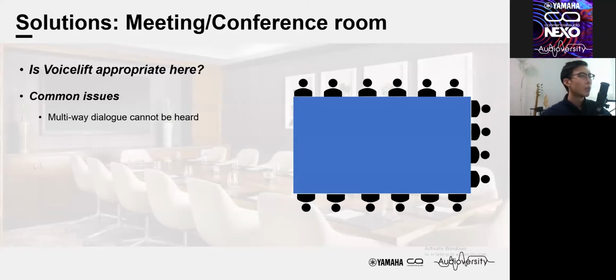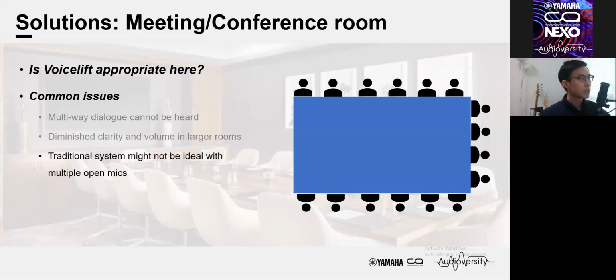With voice lift, you have one mic per person, and you have an array of speakers located above the participants, so that both the pickup and also the output is very linear. With larger rooms, you have much less clarity and volume as you go from the nearest participant to the furthest participant.